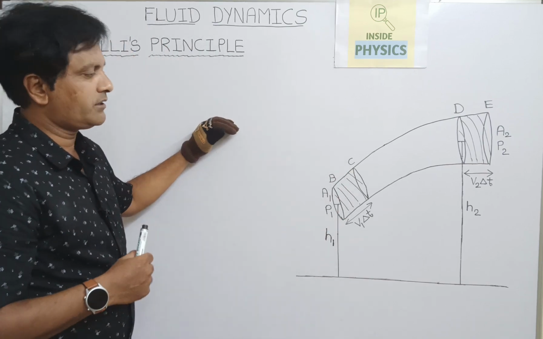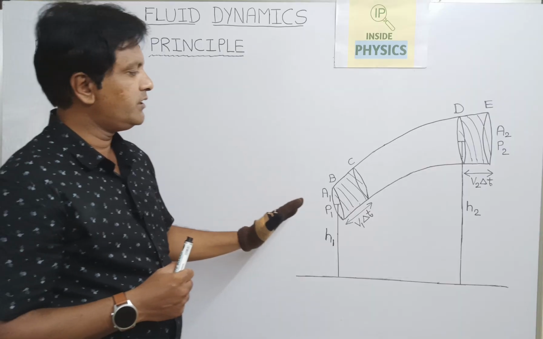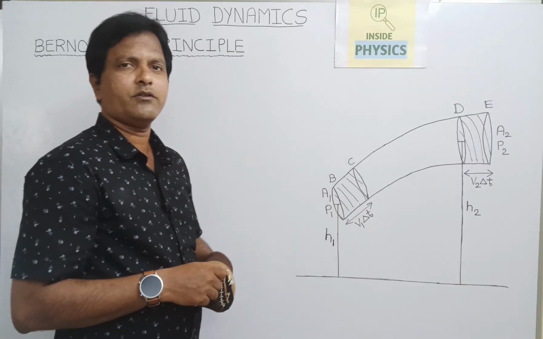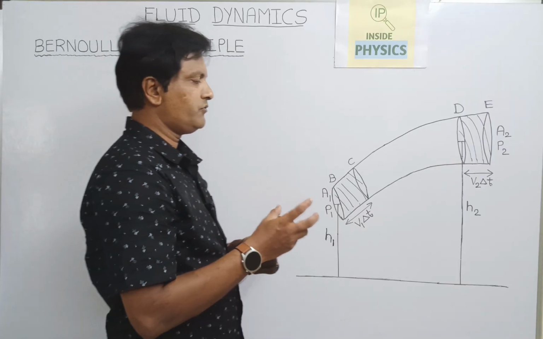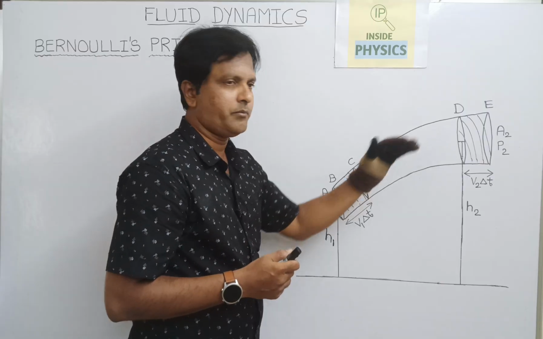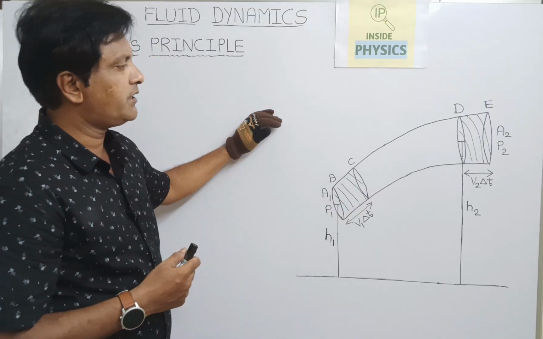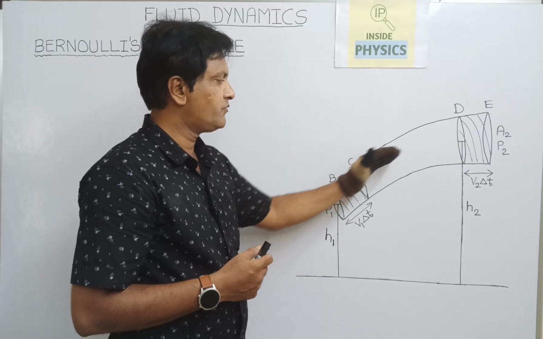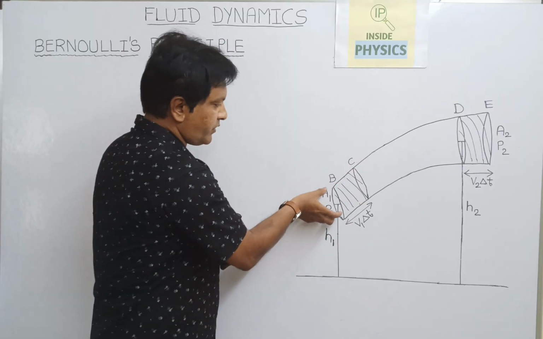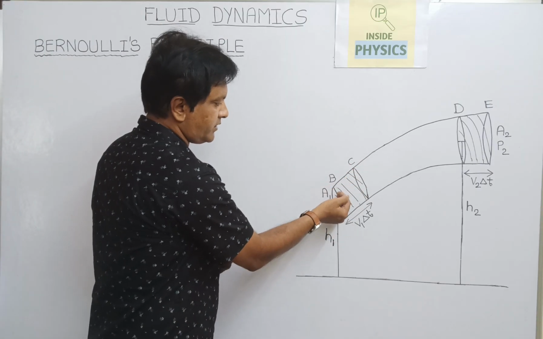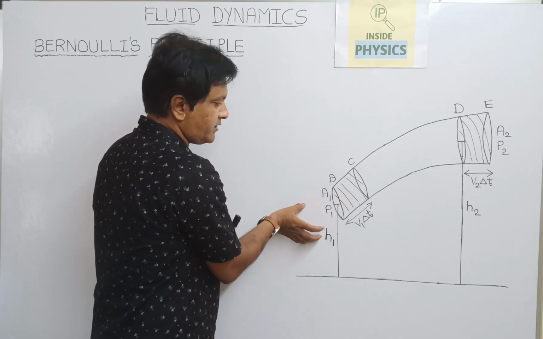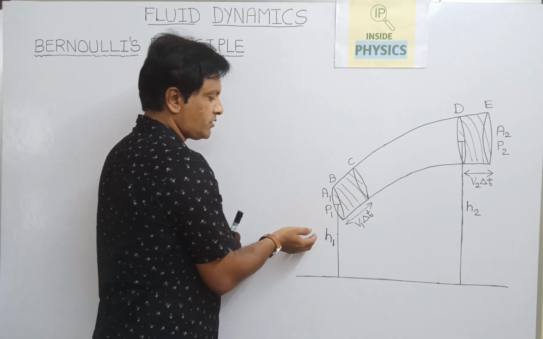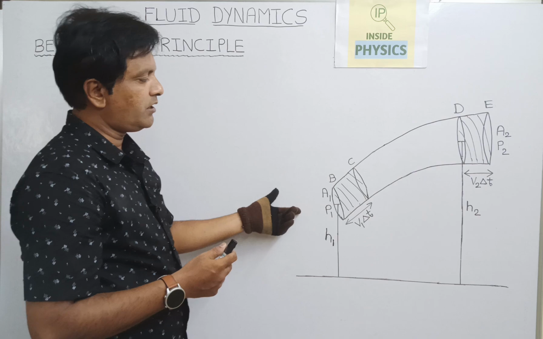What happens here is, when the liquid is moving, it must have some force to be pushed through the pipe. The force is generated from the surrounding liquid of this flow. The surrounding liquid is nothing but the liquid which is beside this, and it has a force beyond which is not shown here.